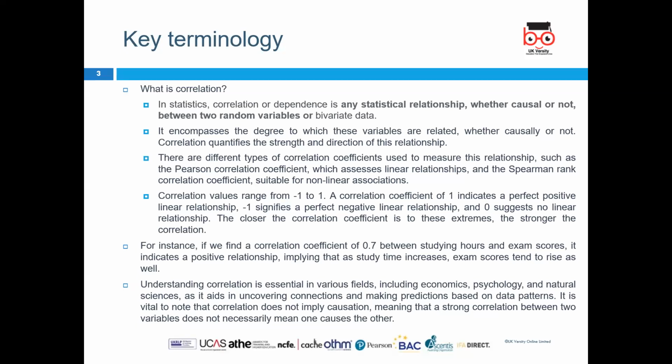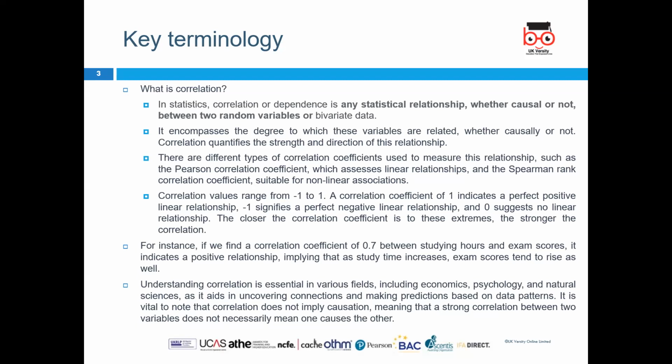One of them is the Pearson correlation coefficient, which assesses the linear relationship between two variables, and the other is the Spearman rank correlation coefficient, which is suitable for non-linear associations. Correlation values range from -1 to +1.